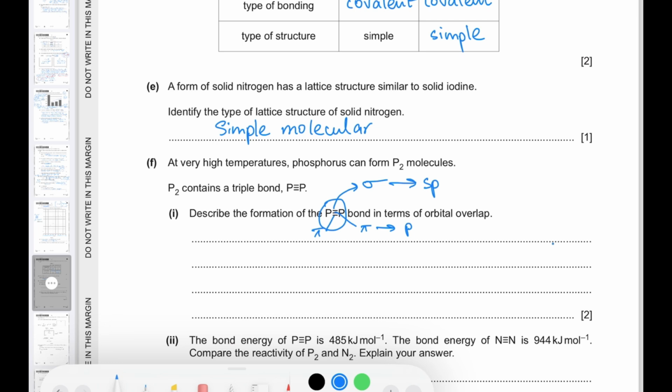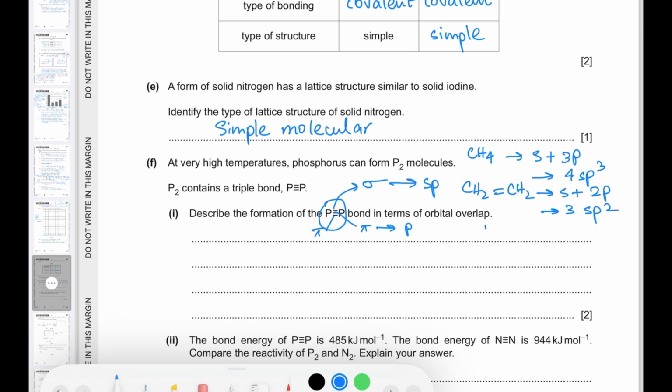If there were four single bonds involved, like in the case of a methane molecule, then you would have had one s orbital combining with three p orbitals to form four sp3 orbitals. If you had a molecule with a double bond, for example ethene, then you would have had one s orbital combining with two p orbitals to form three sp2 hybridized orbitals.